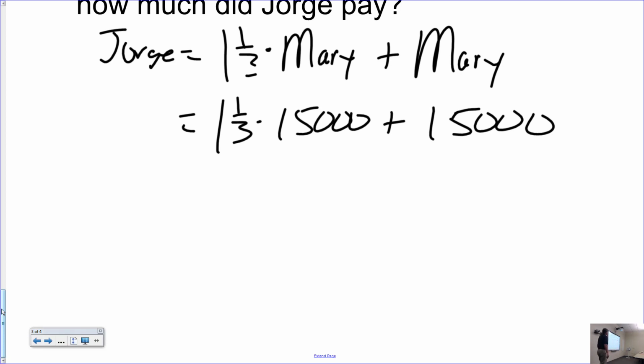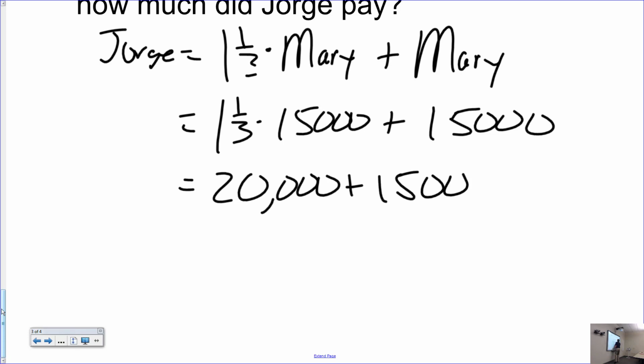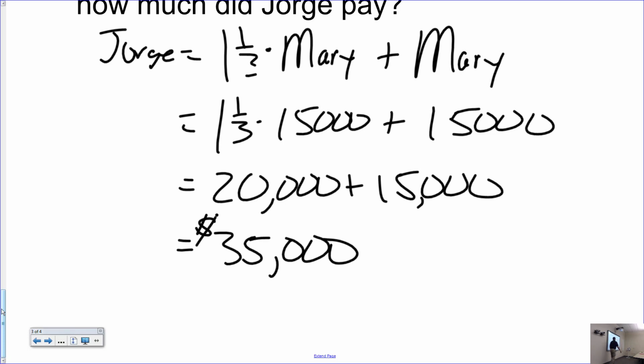What is 1 1/3 times 15,000? 20,000 plus the 15,000. Again, that's how much more he paid. And so you need to add it on top of Mary to figure out that Jorge spent 35 grand on his car. Okay?